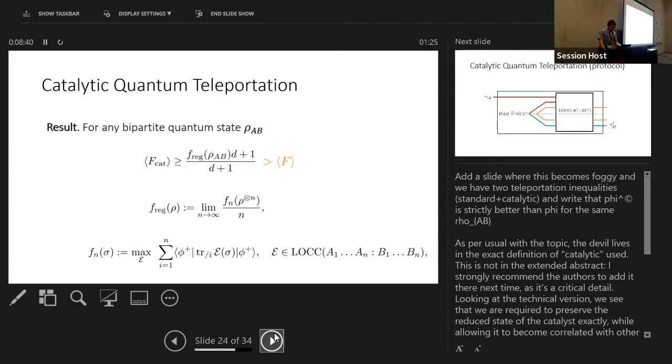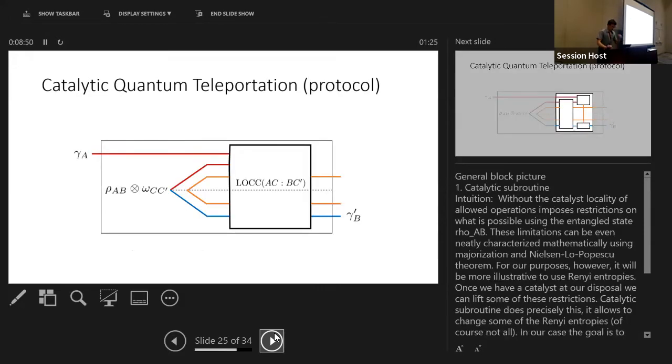So basically, the question is: can we ever achieve something better? Can we ever achieve a performance that is better than the standard teleportation fidelity? Okay, and as you may expect, this is the case. But before I show you this explicit example, let's look at the explicit protocol that achieves this lower bound.